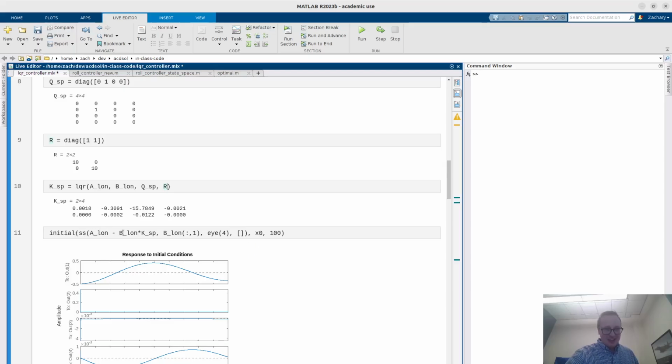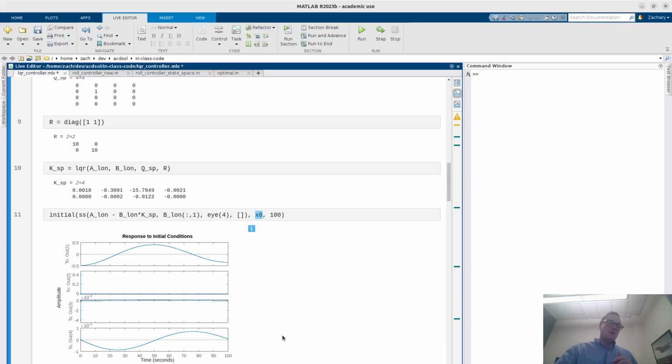So if I start us out at this x0 state that includes both short period and phugoid mode, I can see that it basically totally got rid of the short period mode, and it only has these phugoid oscillations.